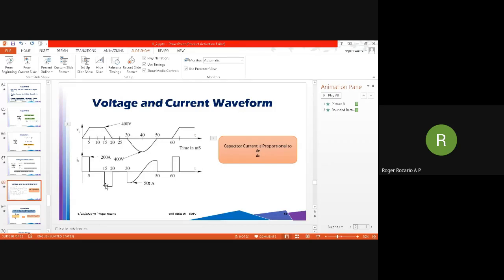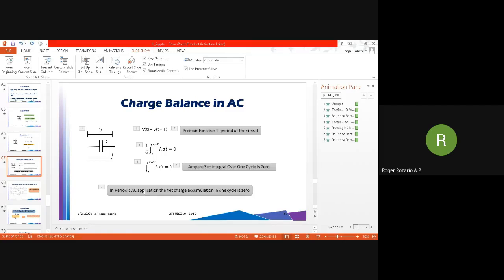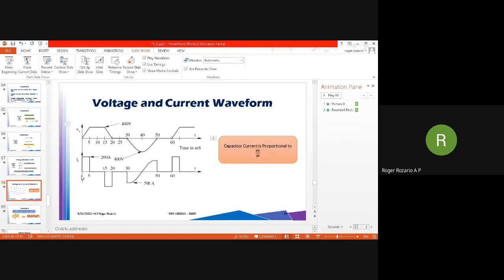This waveform is the negative discharging waveform, and this is the positive charging waveform. In one cycle, these are equal. So from this, you can understand that in a periodic AC application, the net charge accumulation over one cycle is 0. So clear?